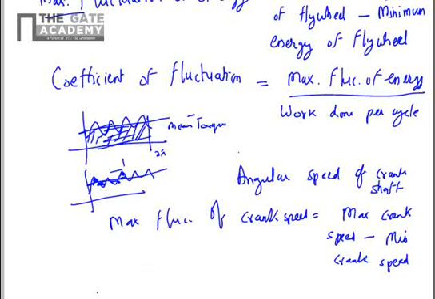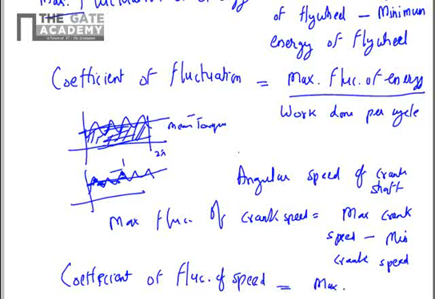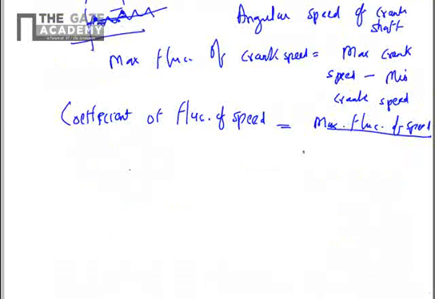And similarly, for the speed, we have defined a coefficient of fluctuation of speed. This is defined as max fluctuation of speed divided by mean angular velocity.